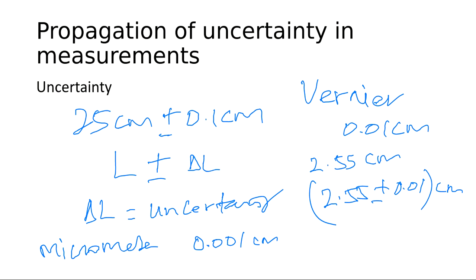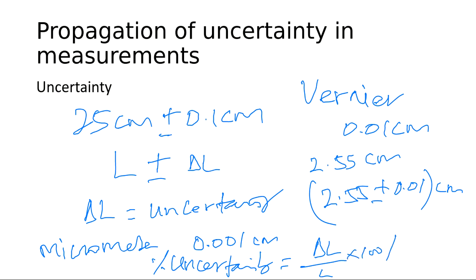And then the next thing you need to understand: this number here is just the uncertainty, but if you want percent uncertainty, what is percent uncertainty? To get the percent uncertainty, you take the uncertainty, say delta L, divided by the length L, and then of course if you want the percent, you multiply by 100.